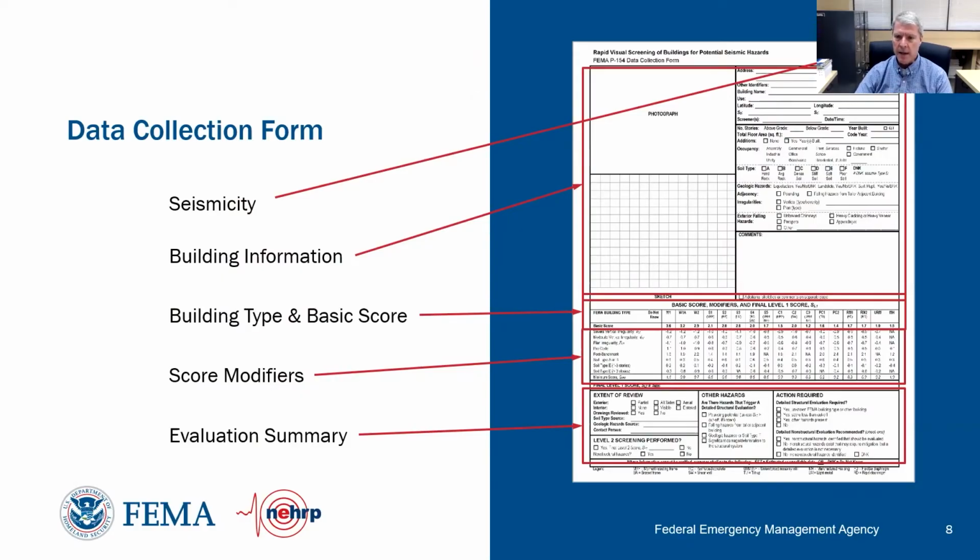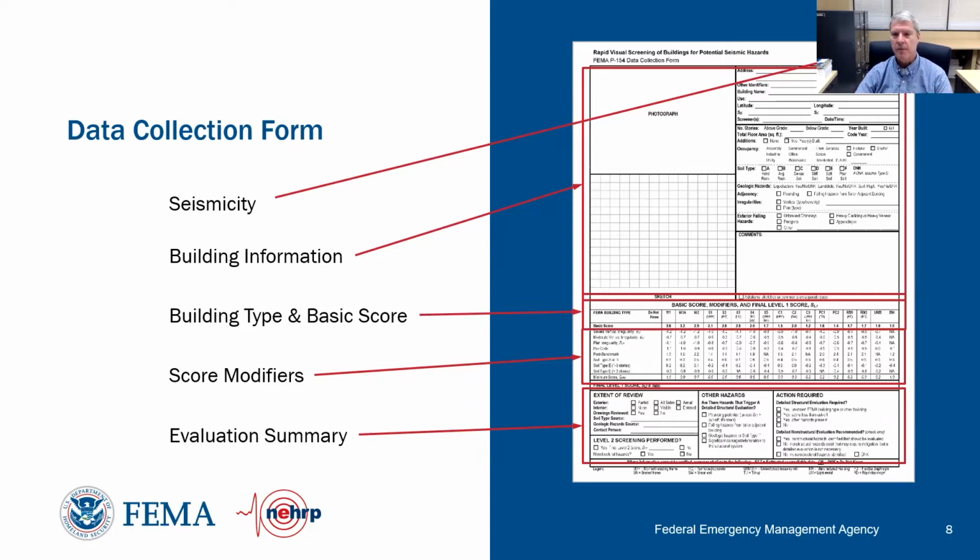Then in the far right box is kind of the overall summary, and that is identifying actions required. Does our building meet our cutoff score? So it's good, or does it not? We could have buildings that don't fit one of the 17 building types represented within our scoring. That's completely possible, and so we have a box to check for that.